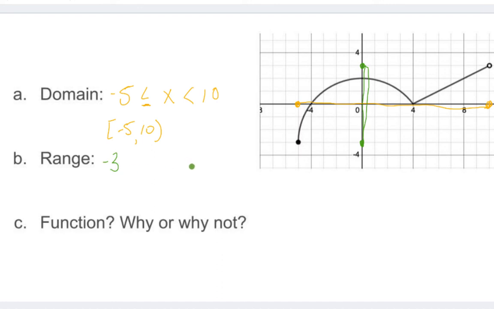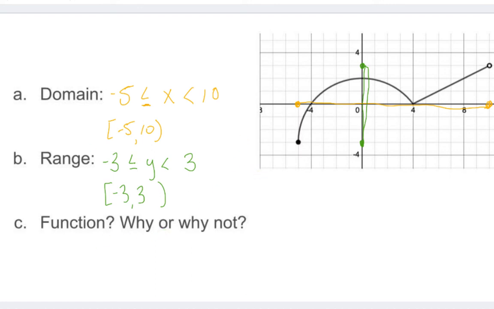So negative 3 to positive 3, we're talking about y because of the range. It includes the negative 3, so make sure you put a line under it. It does not include the positive 3. So that's a bracket, that's a parenthesis for the negative 3 and positive 3.